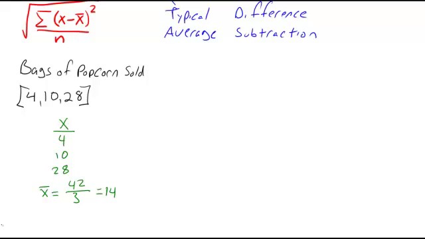Now to find the difference or the deviation, this is going to be x minus x bar. Remember, it's a deviation from the mean. So x minus x bar means each piece of data deviating from the mean. So 4 minus 14 gives me negative 10. 10 minus 14 gives me negative 4.